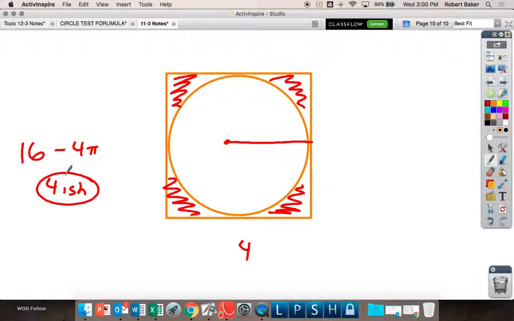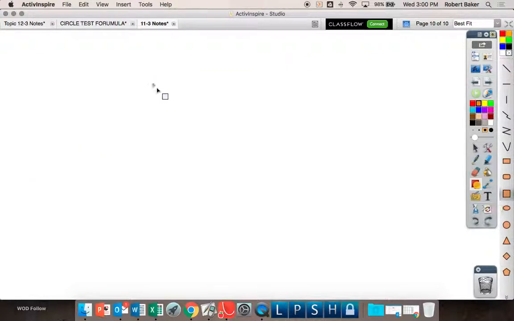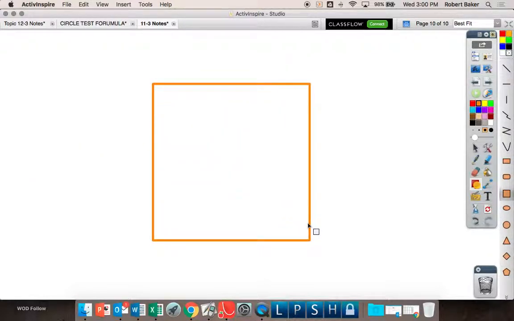Now, here's the other one that dominated them. This one's a good one too. This one's fun.